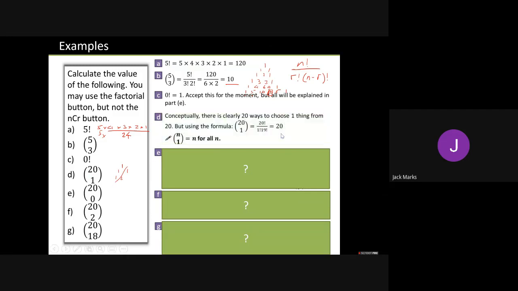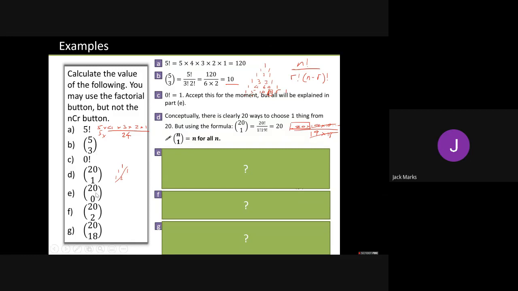So that's actually 20. If you put it in here, 20 factorial over, well, what is 20 factorial? It's 20 times 19 times 18, and so on. 1 factorial is 1, 19 factorial is 19 times 18. So you can see things are cancelling out. You can see why you're getting that number there.